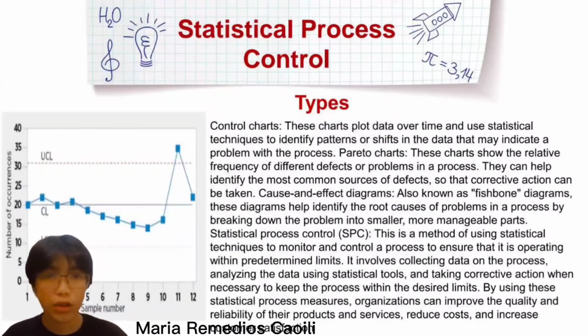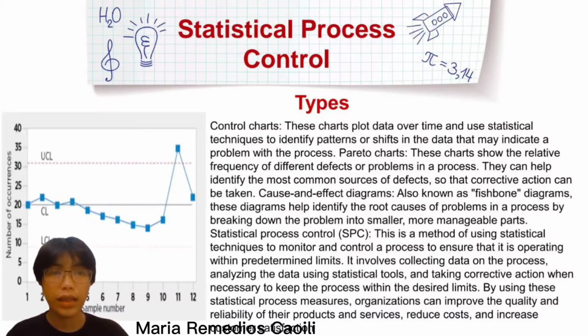Control charts. These charts plot the data over time and use statistical techniques to identify patterns or shifts in the data that may indicate a problem with the process. Pareto charts. These charts can show the relative frequency of different defects or problems in a process.